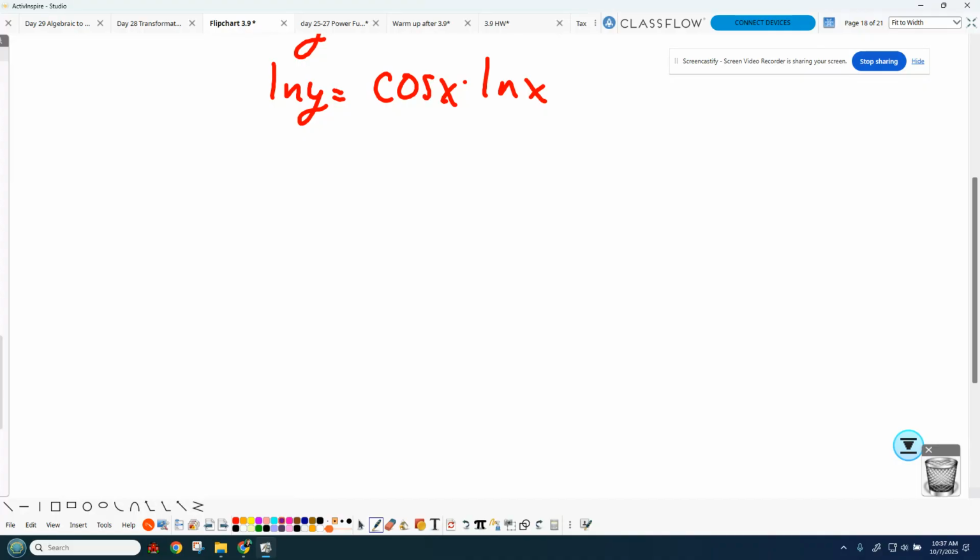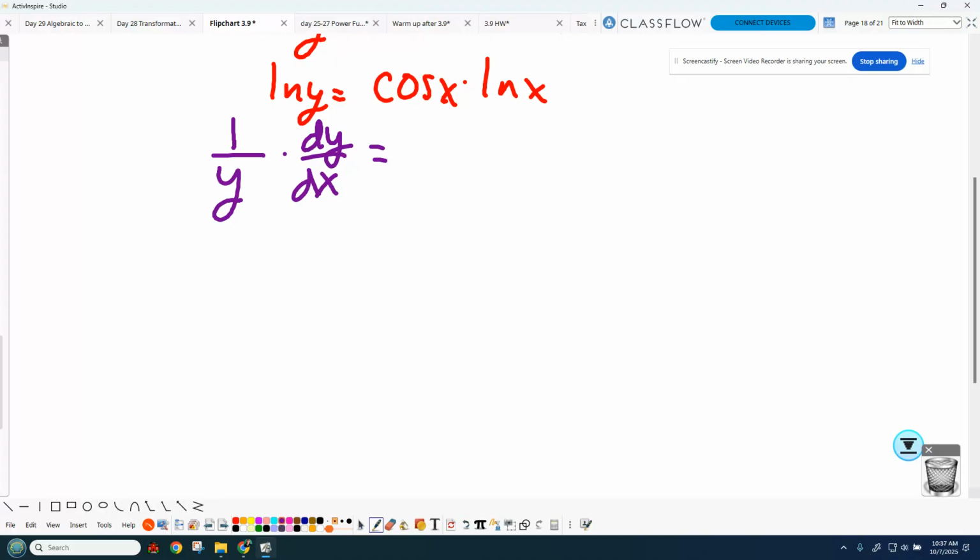Is it natural log y times 2y dx? Nope. Jeremy? Is it 1 over y times 2y dx? So the derivative of natural log of stuff is 1 over stuff times derivative of stuff. What's the derivative of y with respect to x? dy dx. Okay, on this side, Sam, what's the derivative of that product?